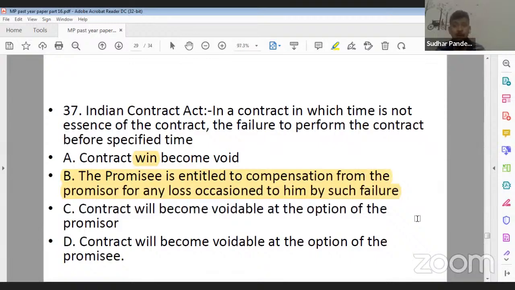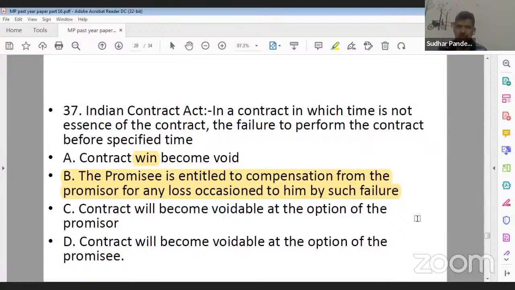The contract will remain valid, but due to the loss of time, whatever problem has been faced by the promisee, the promisee is entitled to compensation from the promisor.